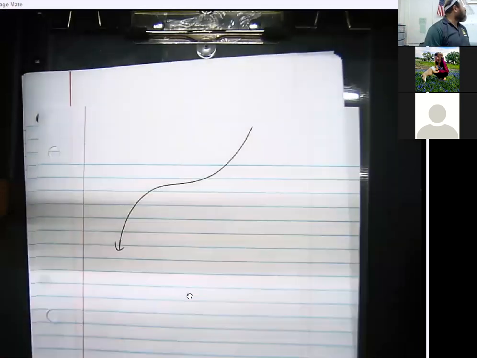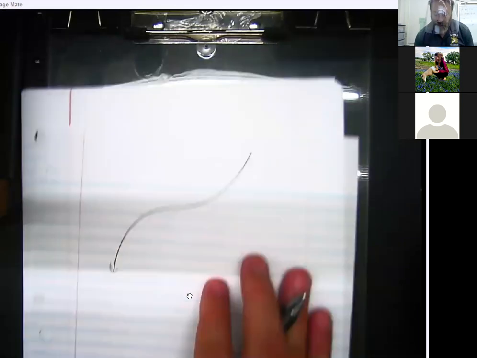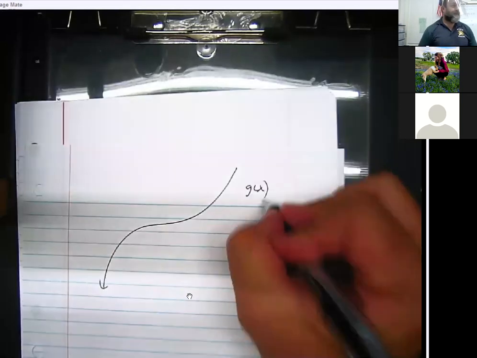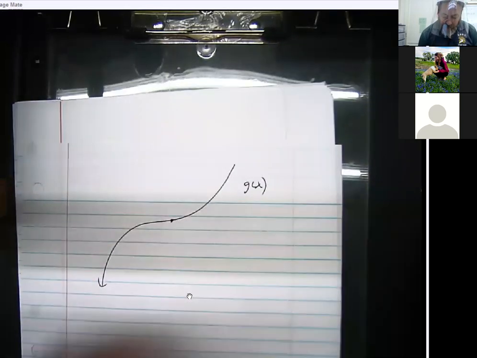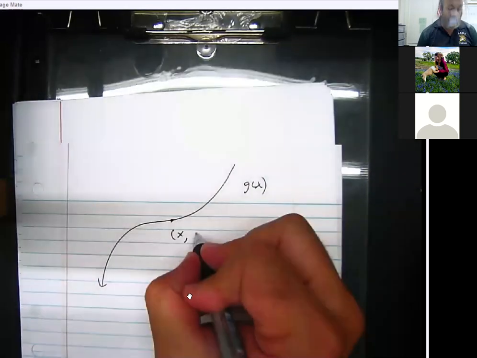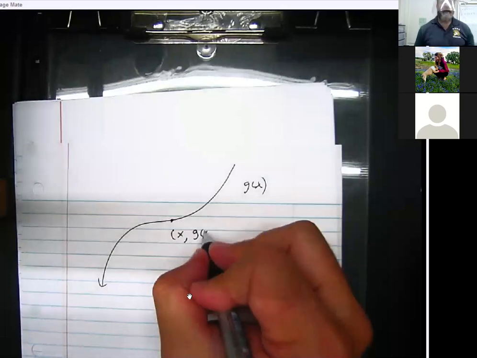Okay, the sledgehammer, does that sound cool? Okay, everybody watch this because this is not on there. I'm going to show you a picture. It's pretty important. So let's imagine that this is some story, some function. I'm going to call it g of x, okay? What is the name of any point? x comma g of x, right?